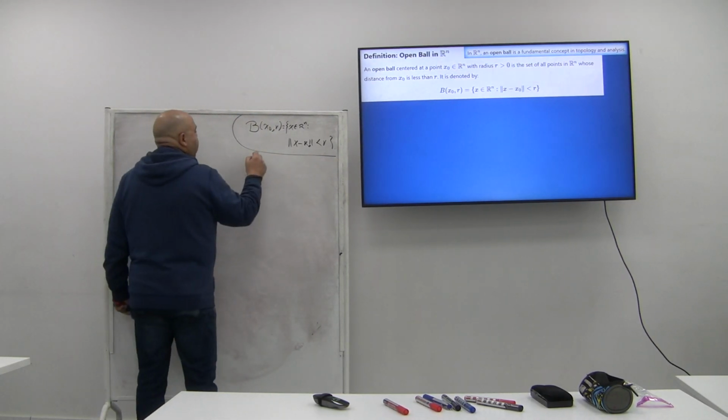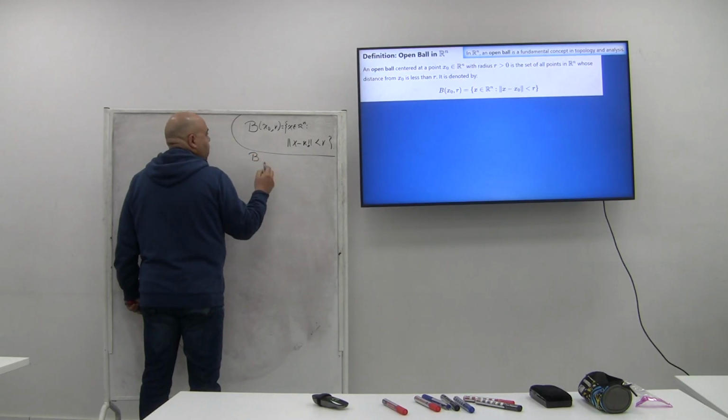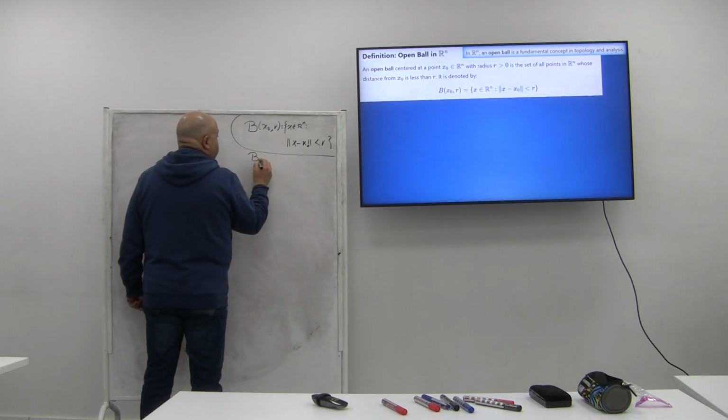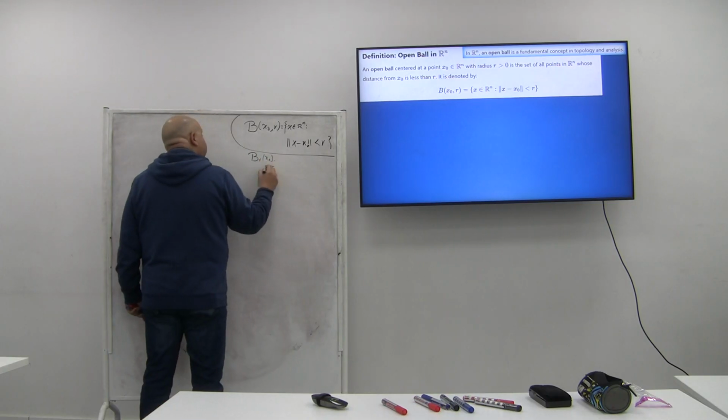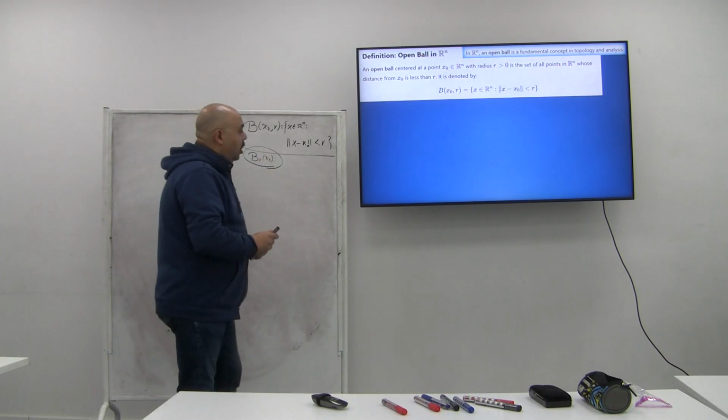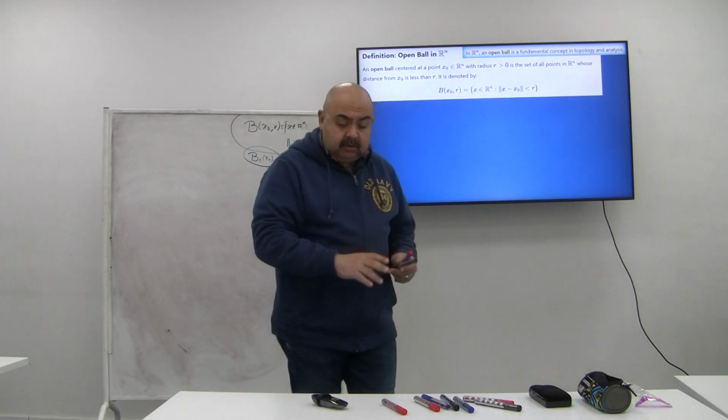Also, we can symbolize it by this symbol beta or B of r, x node, which means the open ball around x node.